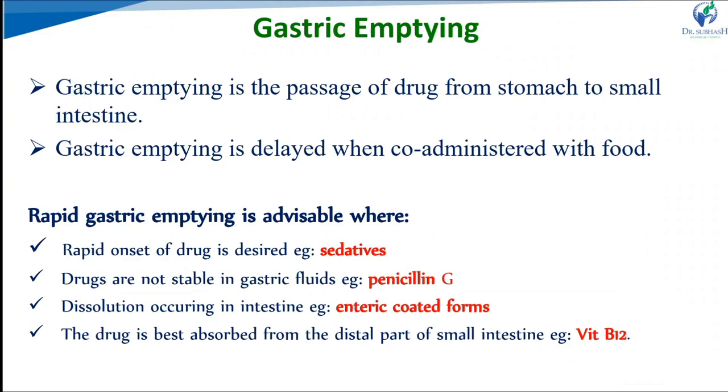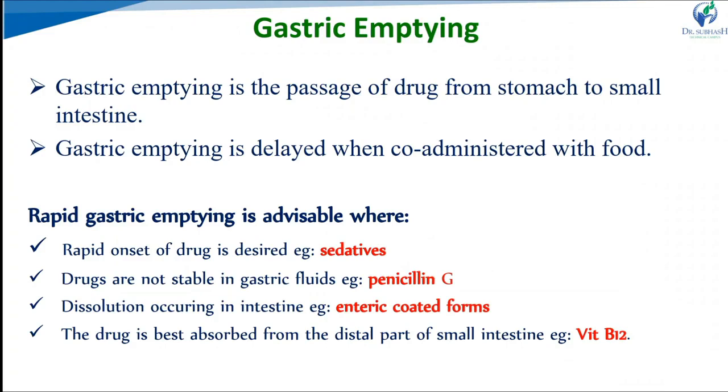Previously we saw the pharmaceutical and physicochemical factors that affect drug absorption. Similarly, apart from the dissolution of the drug and its permeation through the membrane, gastric emptying is also one of the parameters affecting drug absorption.